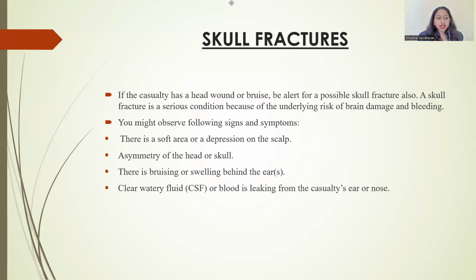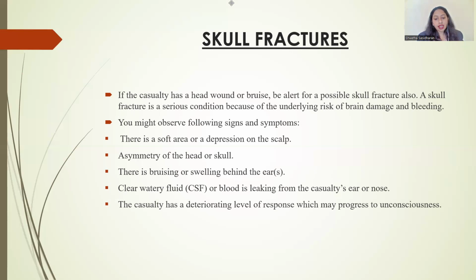A clear watery fluid or blood coming out of your ears or nose is very much definitive that there is some sort of opening in the skull, hence there is bleeding towards the orifices. We have orifices at our eyes, nose, mouth, and ears. If there is any kind of opening in the skull, the CSF will ooze out, or even blood will come out from this area.